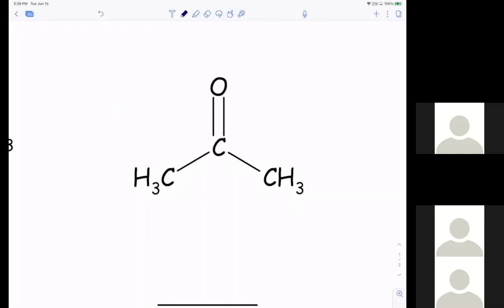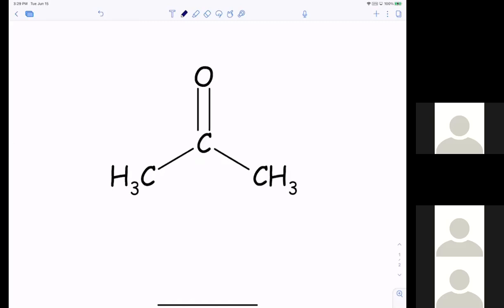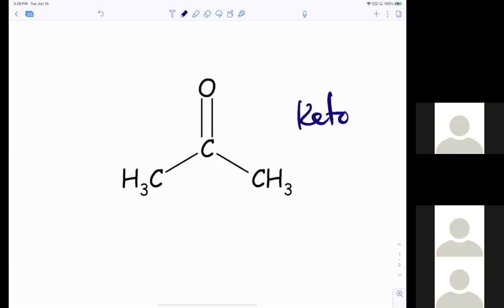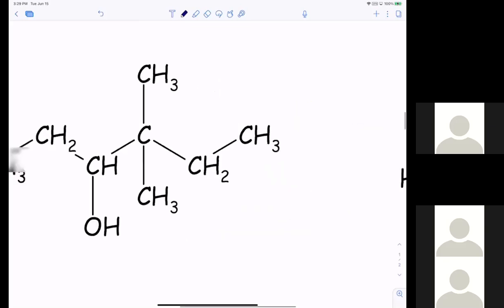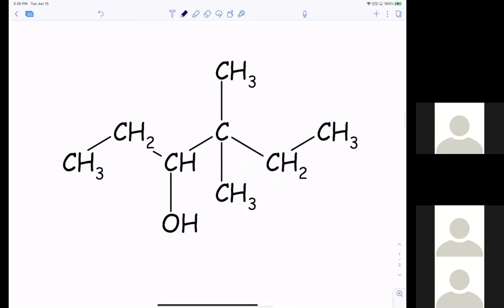Somebody new. What's that? Is that a ketone? Yes, it is. And what's its name? Propanone. Yep. What's its old name? That's still very common. That's acetone. It's found in some old nail polish removers. What's that? Somebody new.